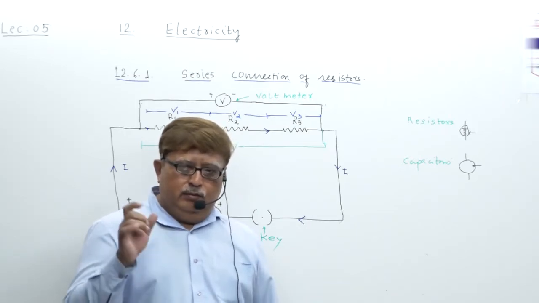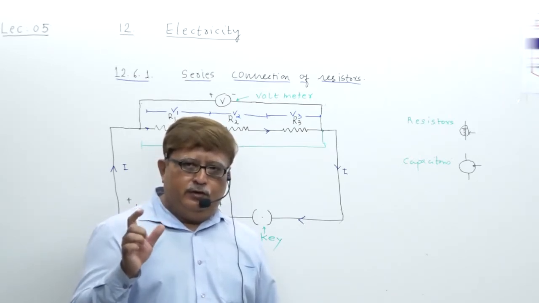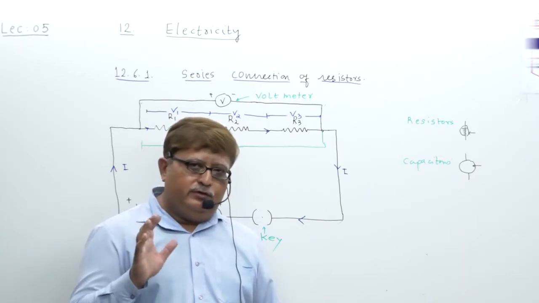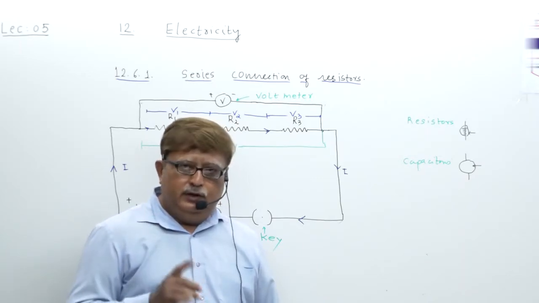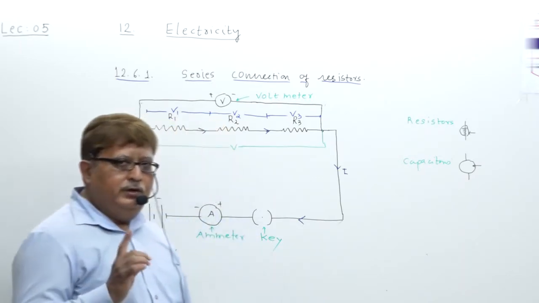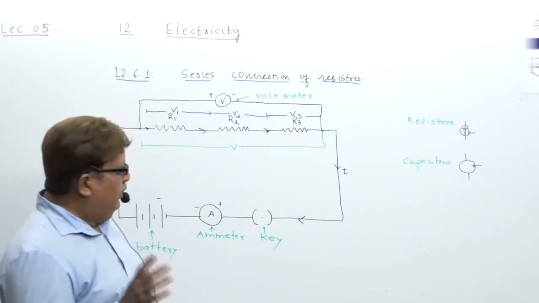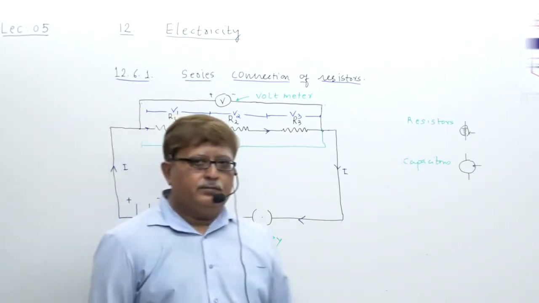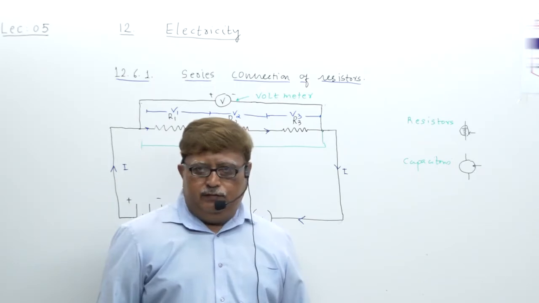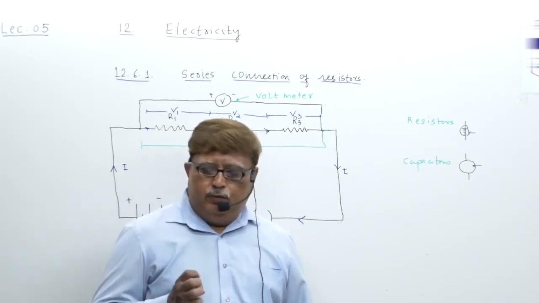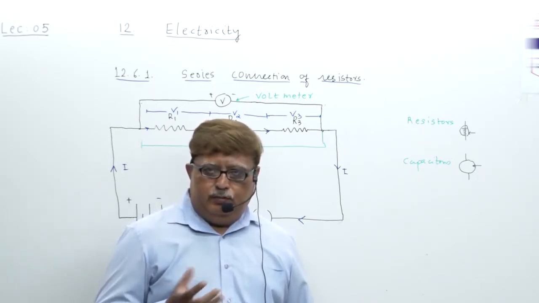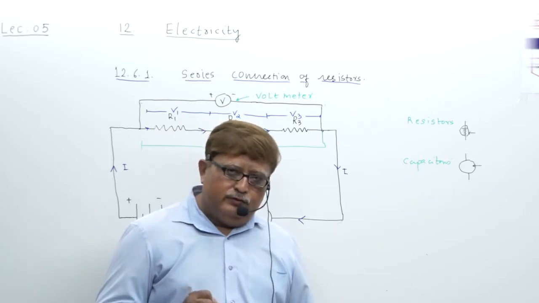Second, the potential difference across each resistor is different. Then they are said to be in series connection. So this is the definition, or characteristic properties, of series connection.